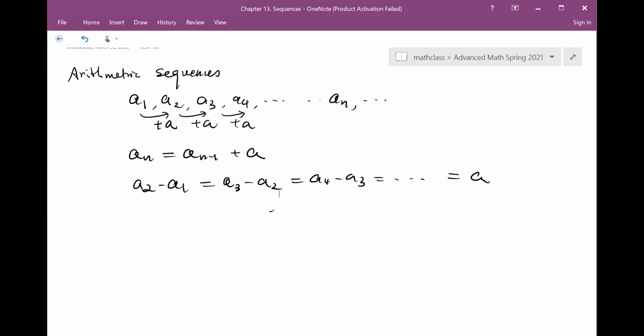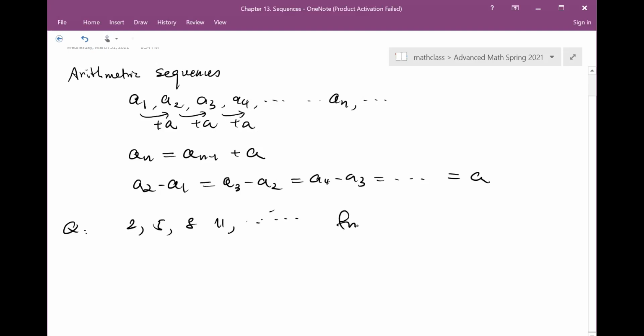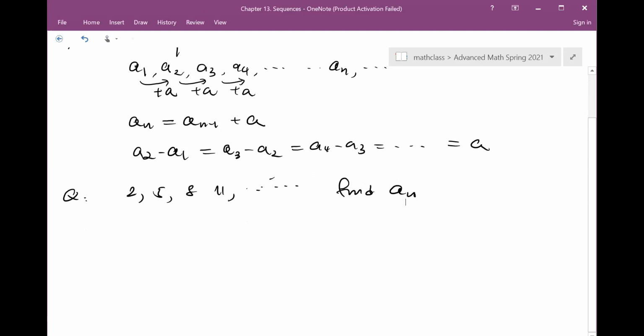For example, here's an example. Now we are given a sequence, right? And we're trying to find the general term, the formula for the nth term. We are only given the first few terms, but we assume that there's a pattern here.